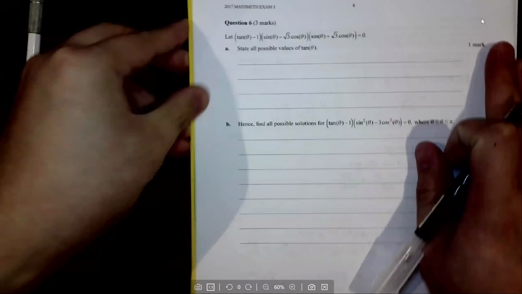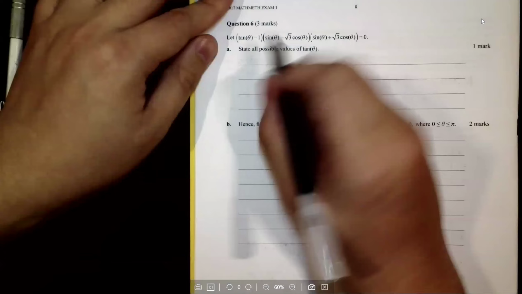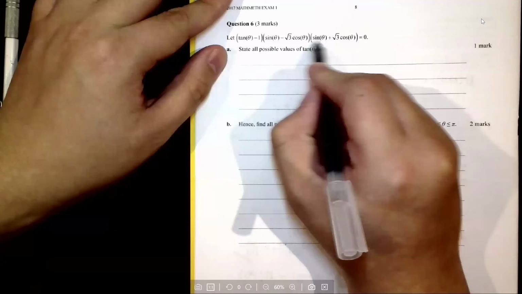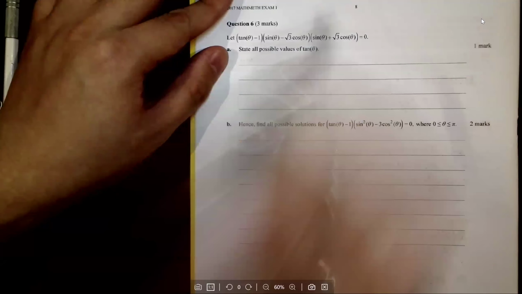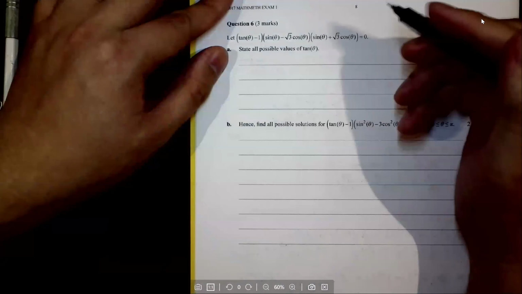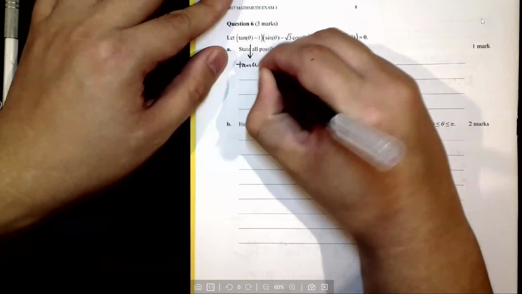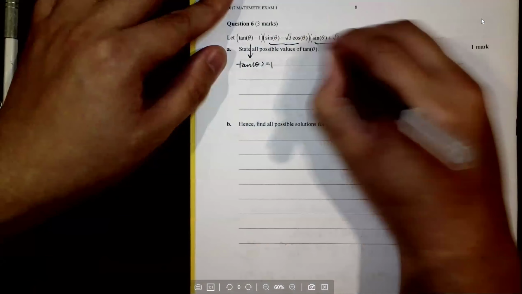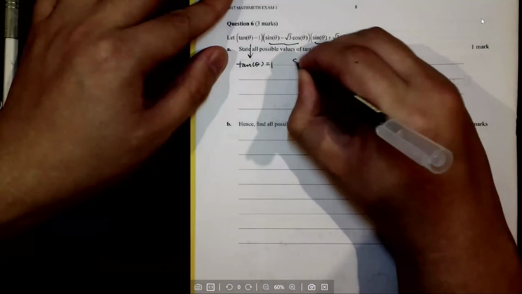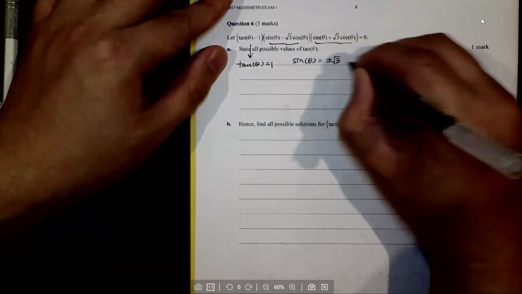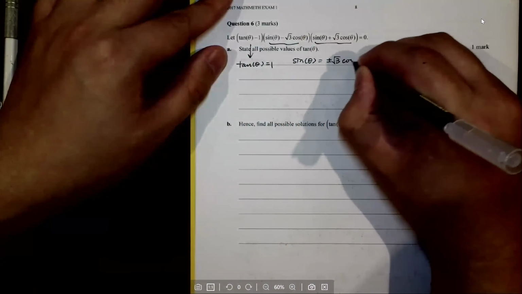Question 6, equation solving. The tangent theta minus 1, sine theta minus root 3 cosine theta, sine theta plus root 3 cosine theta equals 0. State all possible values of tangent theta. From the first one, we see tangent theta equals 1. From the second and third factor, we will see sine theta equals either plus or minus root 3 cosine theta.